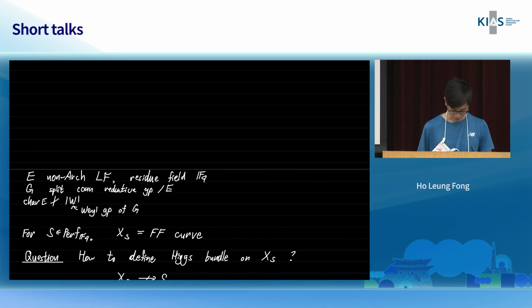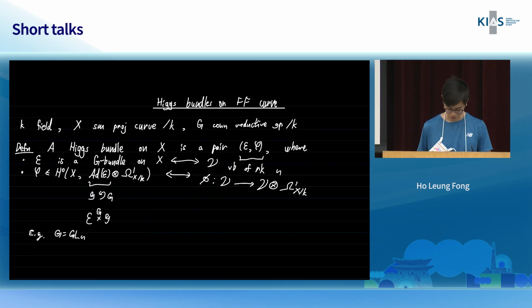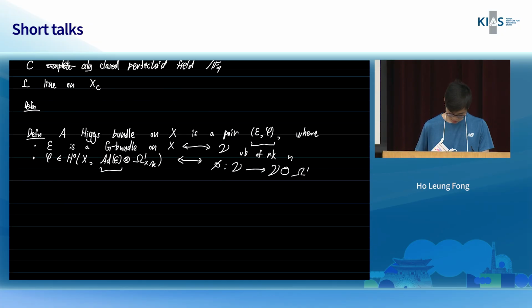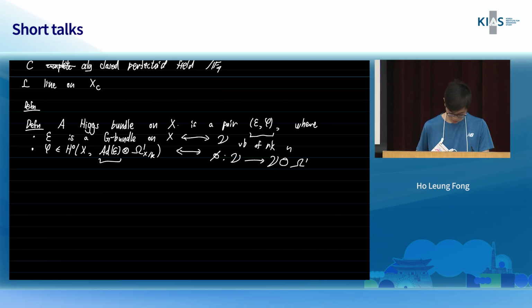Then I define Higgs bundles as a pair (E, phi), where E is now a G-bundle on X_S, and phi is a global section of the adjoint bundle tensor with L. I do not claim that it's the most natural definition, but it's one possible definition.